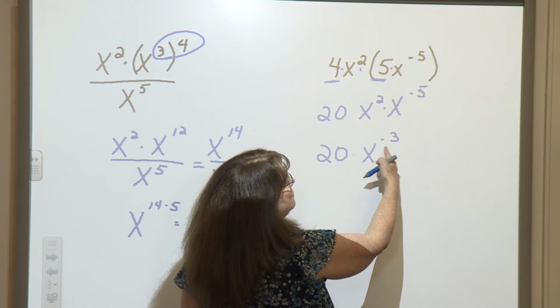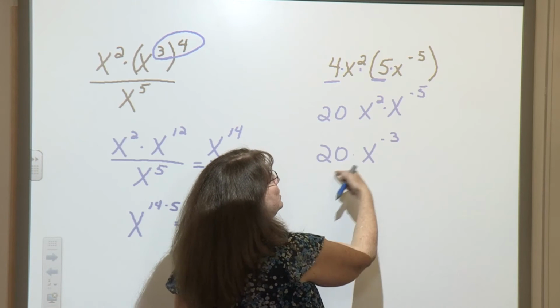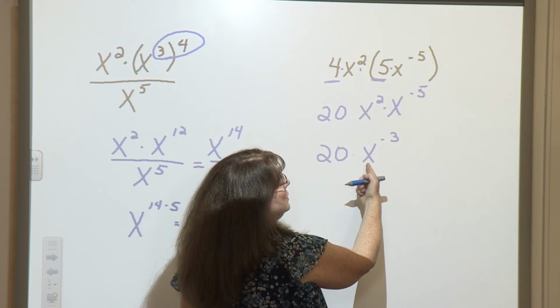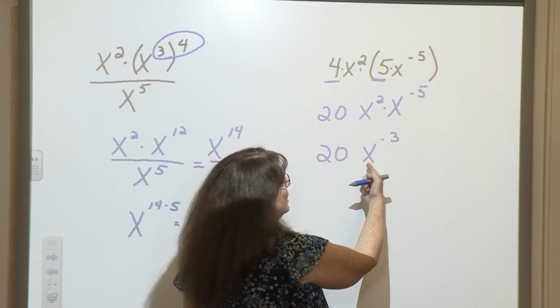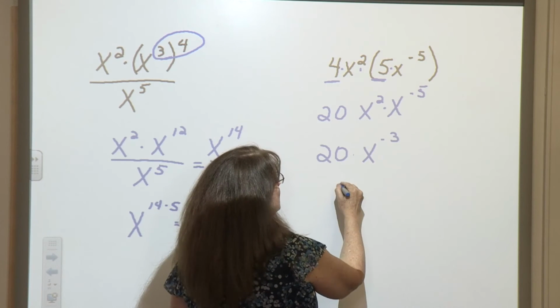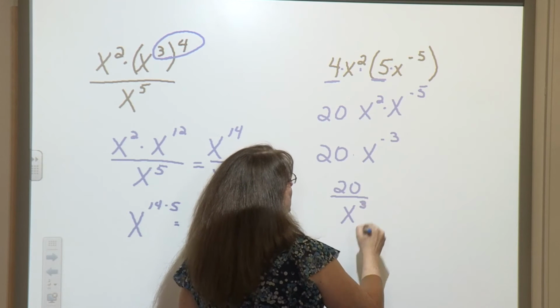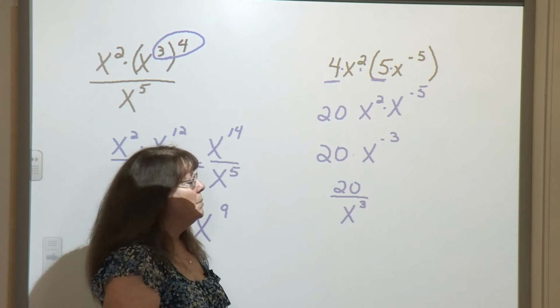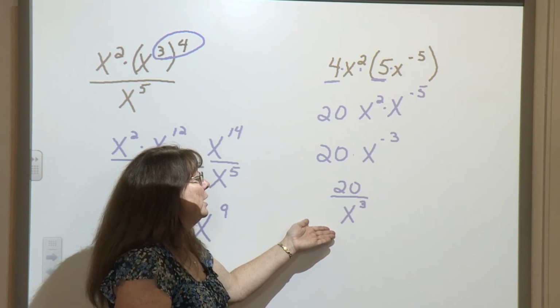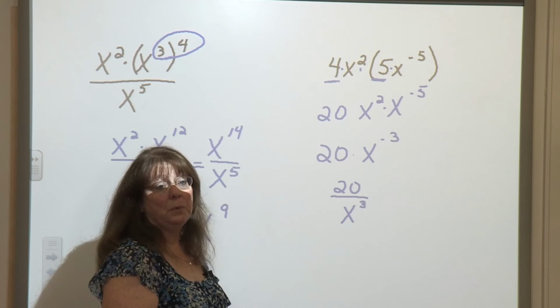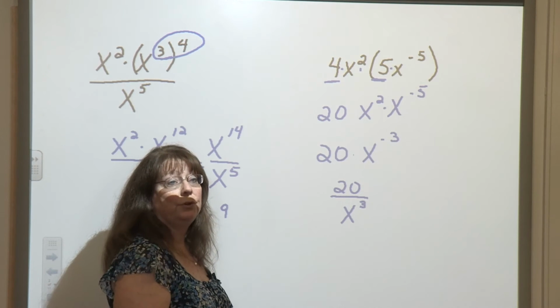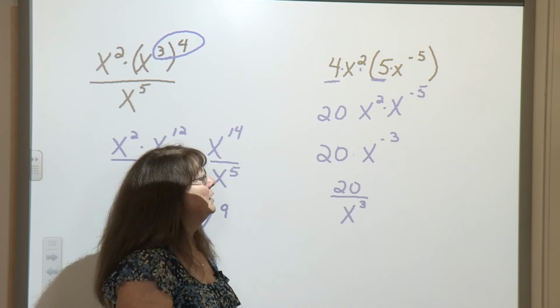Now, only the negative 3 is on the x. It's not with the 20. So the only thing that's moving to the denominator is this value of x, not the 20. The 20 is going to stay up in the numerator, but the x is going to the denominator, and it's going to become positive. So I'll have 20 over x to the third. That'll typically be what you'll see on the GRE when you're looking for your answers. They won't leave them with the negative exponents.